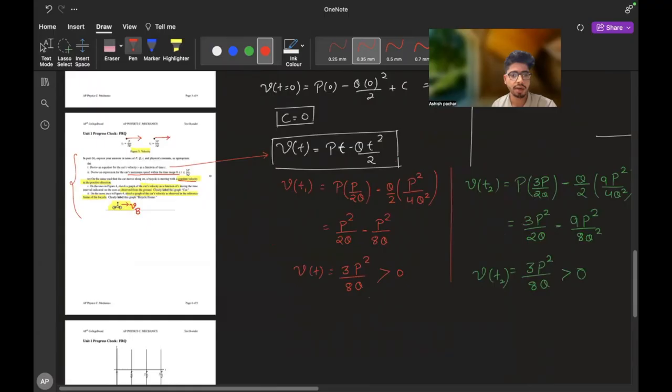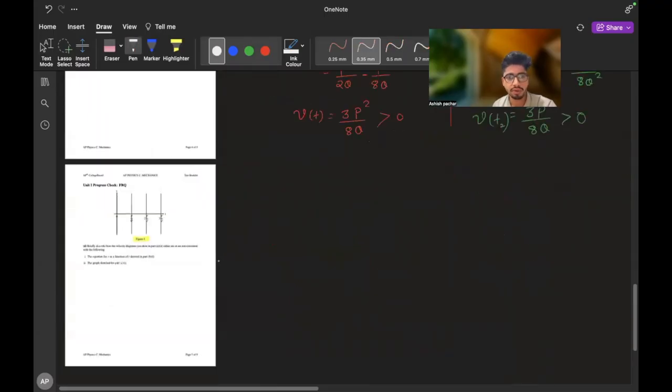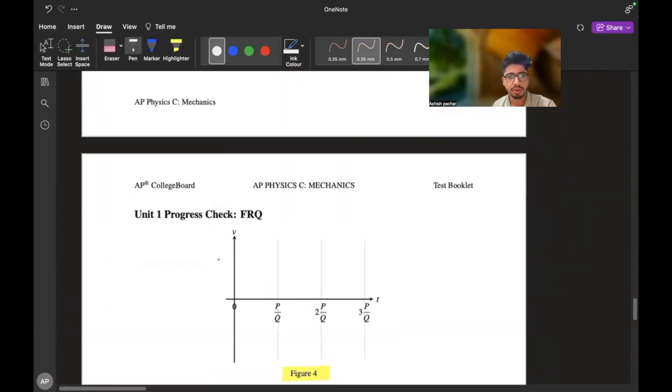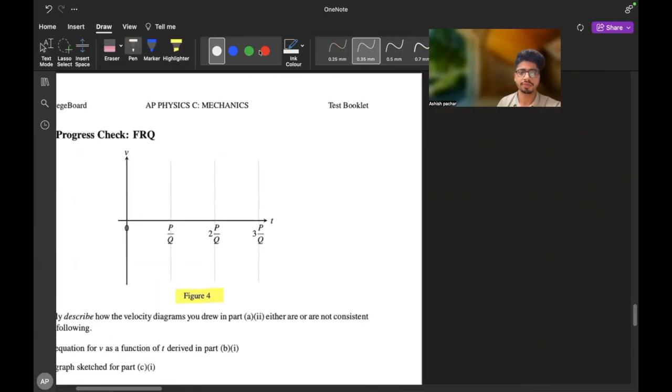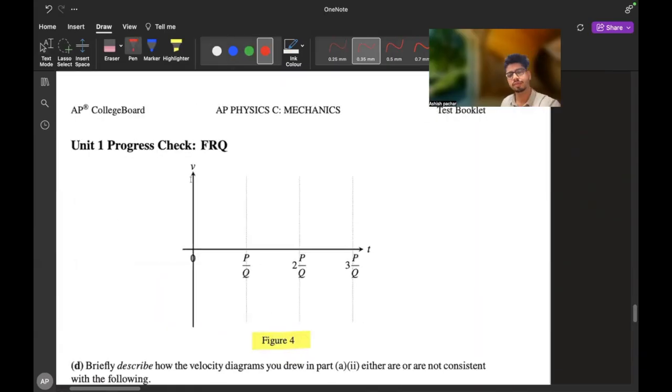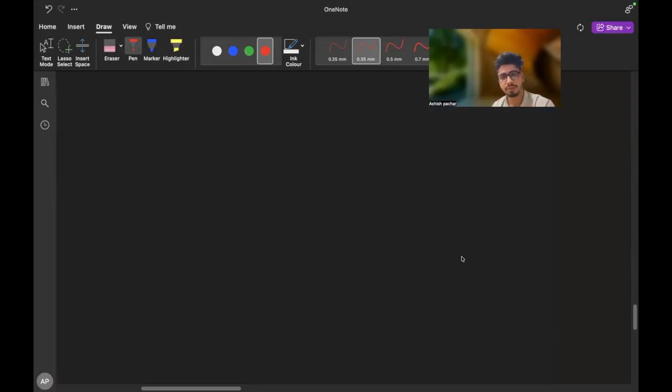So you have to draw the graph on this one, the velocity-time function. We already know the velocity-time function. We already found that at p by q it is the maximum, when the time is p by q. We already know the velocity expression, we just derived it.